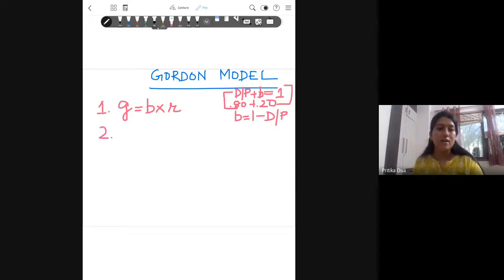And second assumption under the Gordon model is KE is greater than G. Cost of equity is always greater than G. Now, what explanation does the Gordon model give?